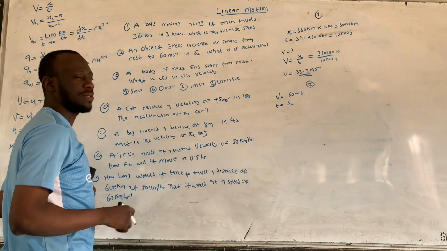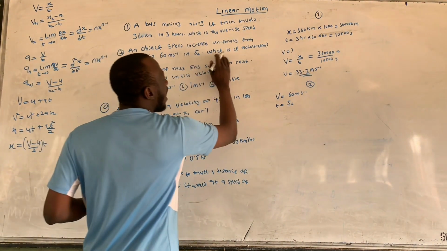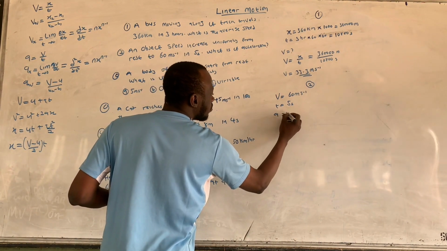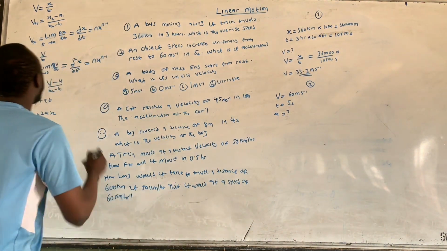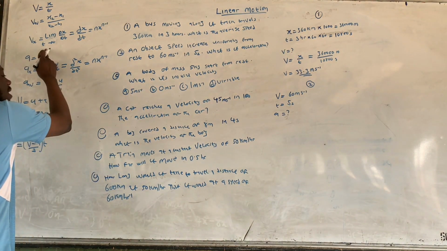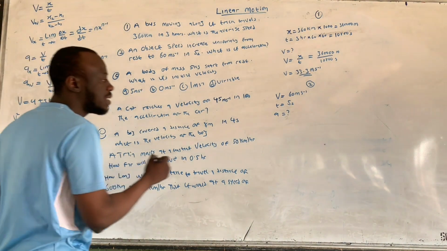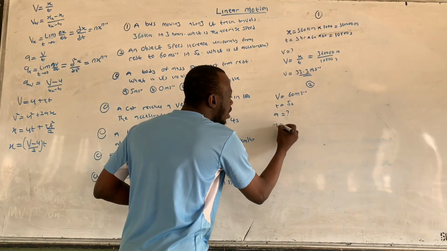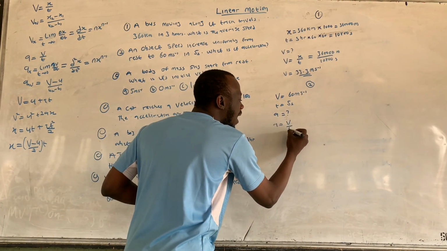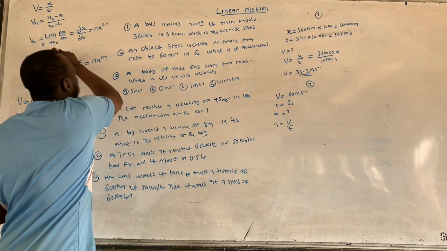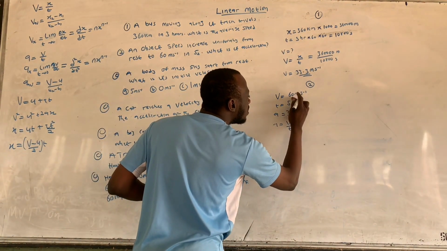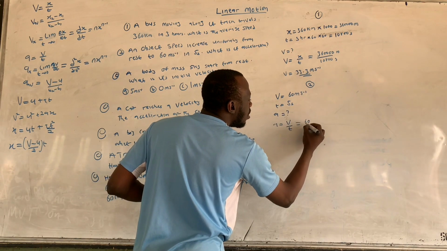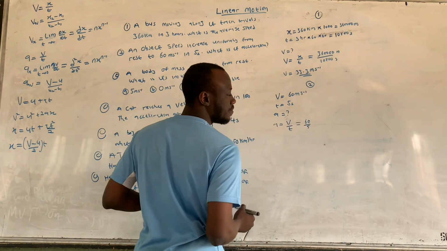Since time is in seconds, what is the acceleration A? Remember that the acceleration A is velocity over time. So here A was V over T from our formula. What is our V? 60 all over 5.